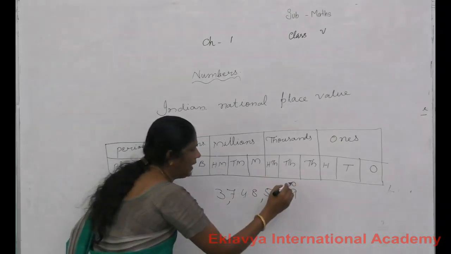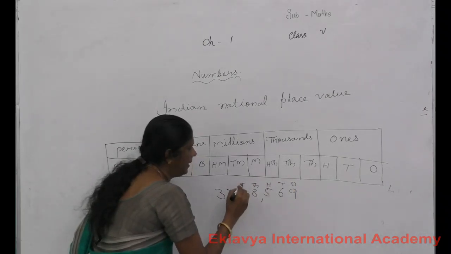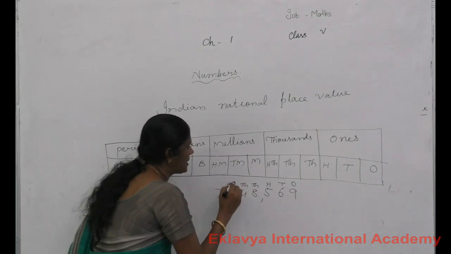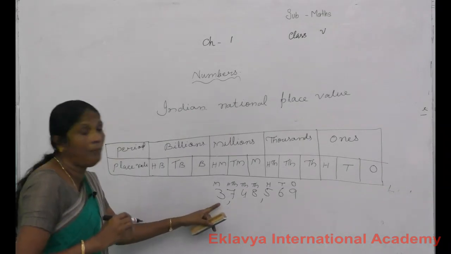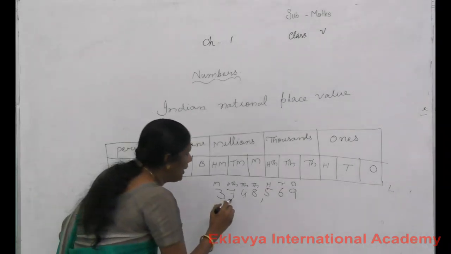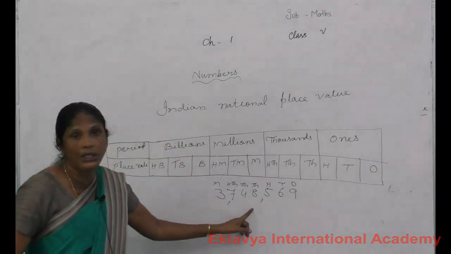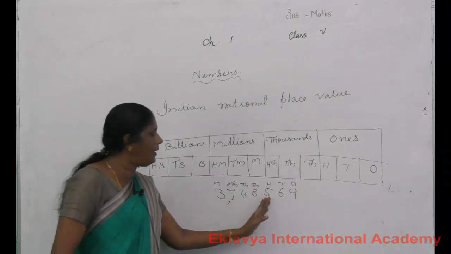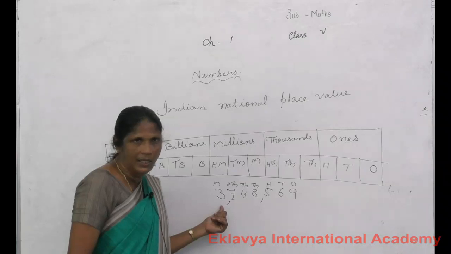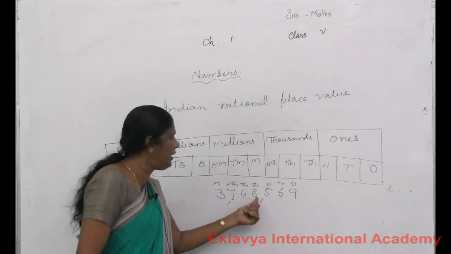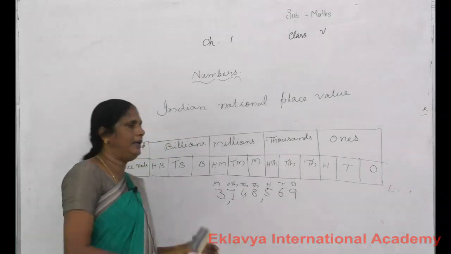Then read this as 3 million. This group is read together: 748,569. Again, 3,748,569.